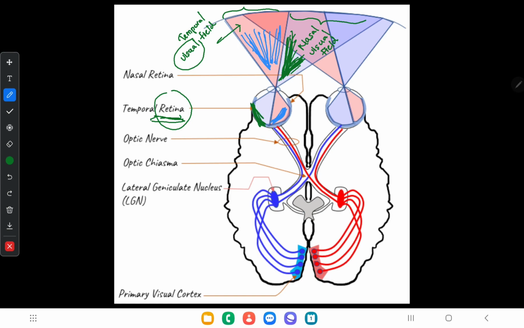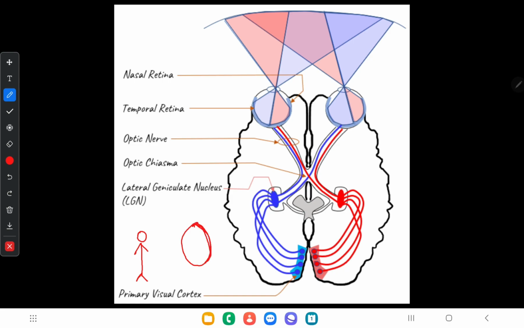The temporal retina receives nasal visual field input, and the nasal retina receives visual input from the temporal visual field. You have to understand this concept very clearly, otherwise you cannot work out what happens if the optic nerve is damaged in various situations.